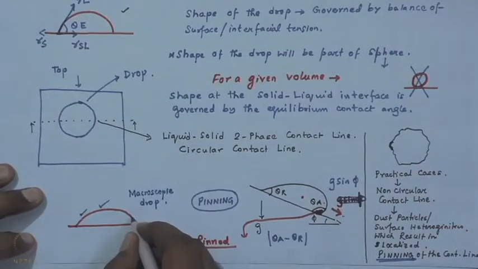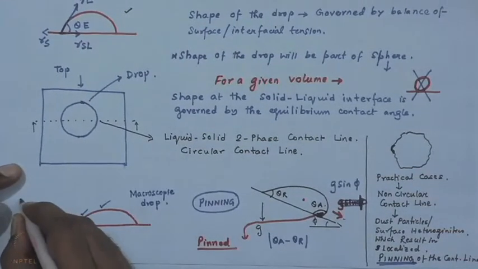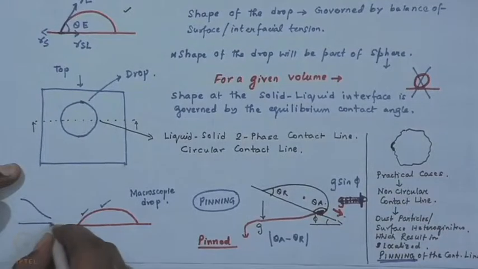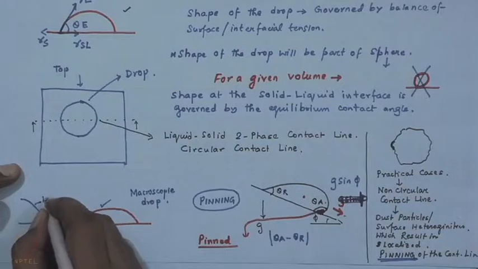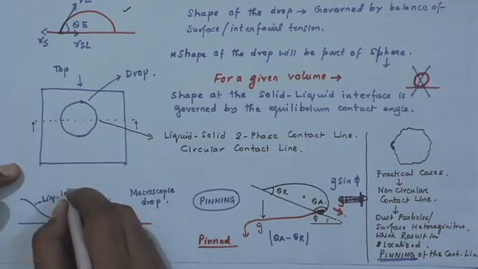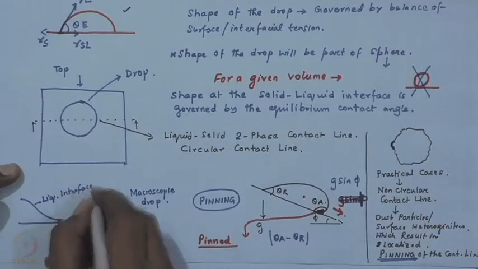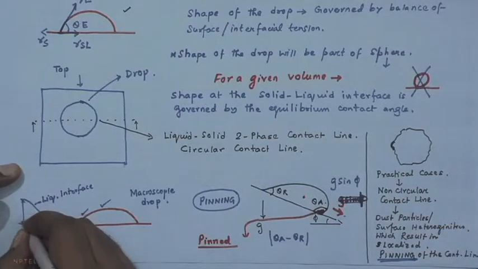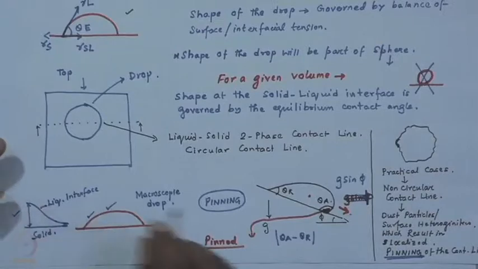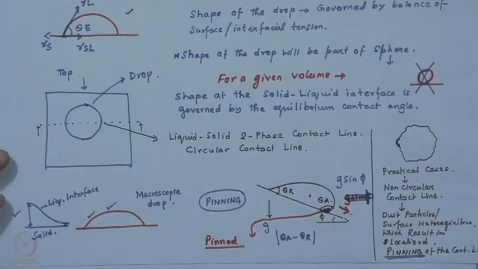But eventually close to the contact line, it sort of asymptotically approaches. So, this is the liquid interface, this is the solid, and though here the separation distance is much higher, it can be few hundreds of microns or maybe couple of millimeters.